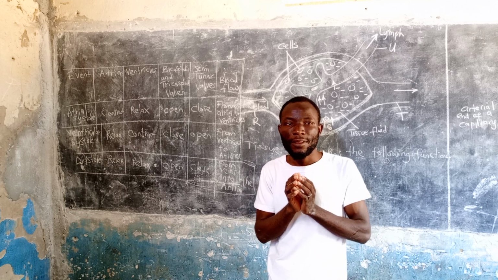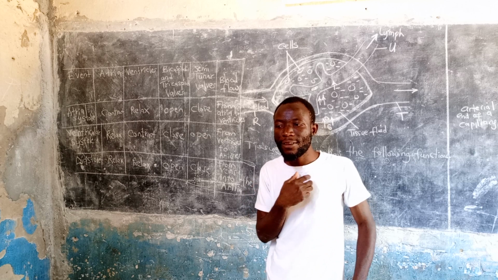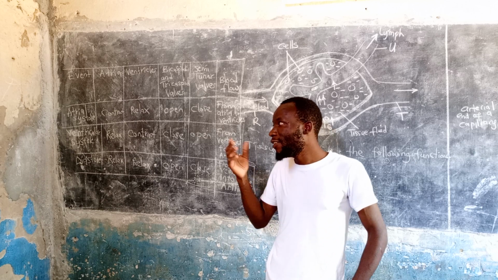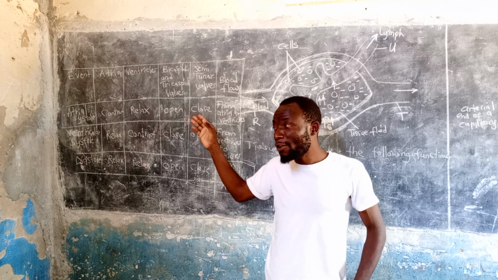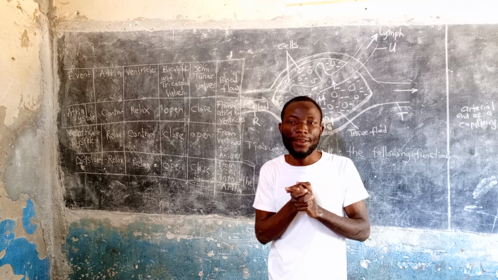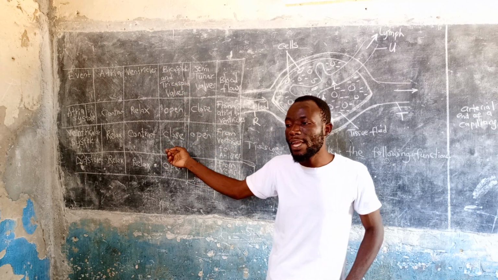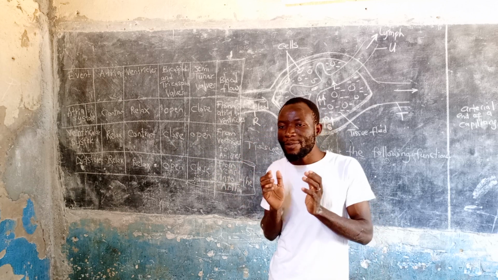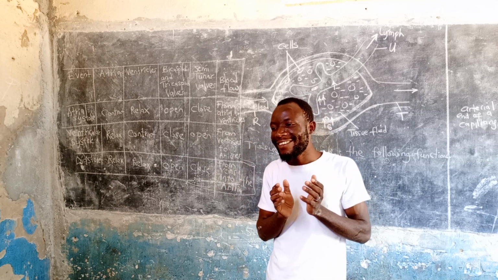What does cardiac disease have something to do with? The heart. So the cardiac muscle helps the heart to pump the blood. It does this cycle.